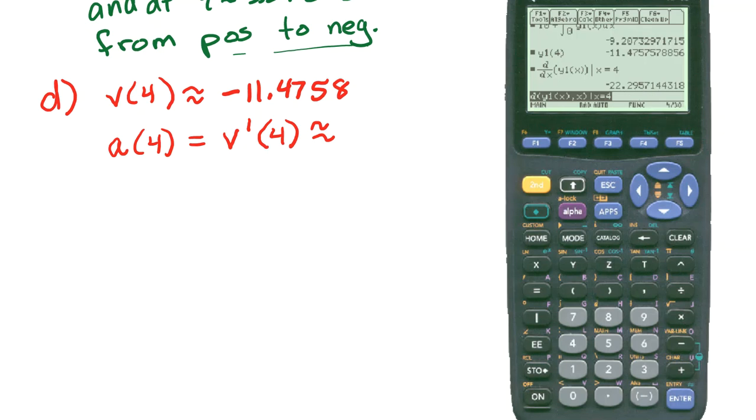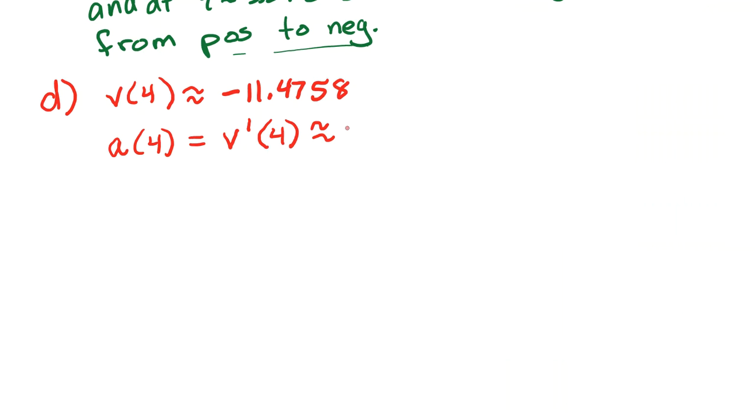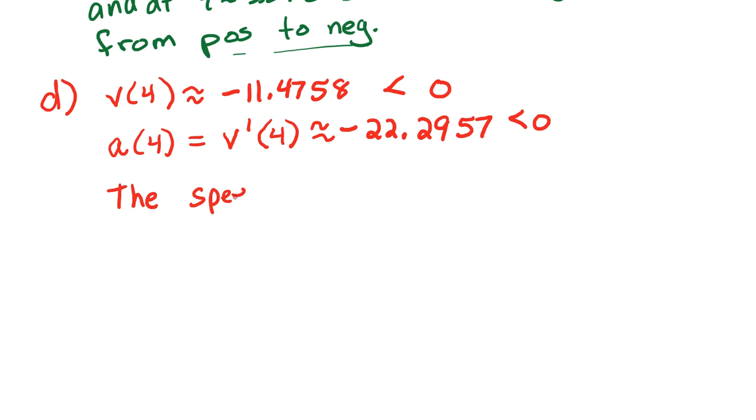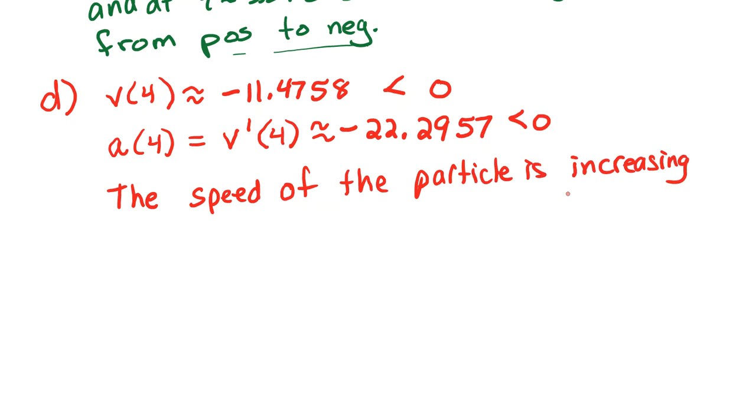I'm going to transfer that number onto my paper here: negative 22.296 or 57, however many decimal places you want. And then I might add here that, kind of obvious, they're both less than 0. So we can say the speed of the particle is increasing since velocity and acceleration have the same sign.